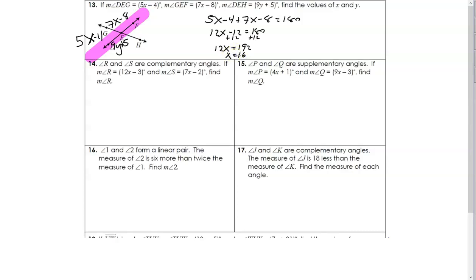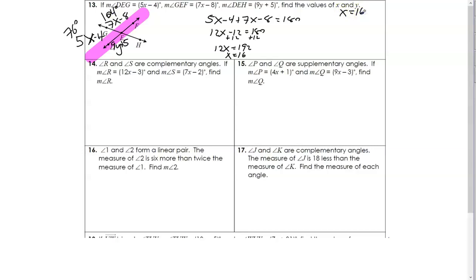So now all I want to do is plug this in to make sure that it's correct. Well, 5 times 16 is 80, and 80 minus 4 is 76. So this would be 76 degrees. 7 times 16 is 112, and 112 minus 8 gets me 104. So they do equal 180, so that's correct. So x is equal to 16.